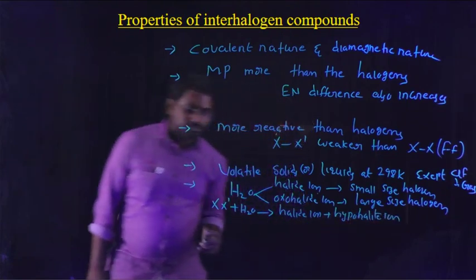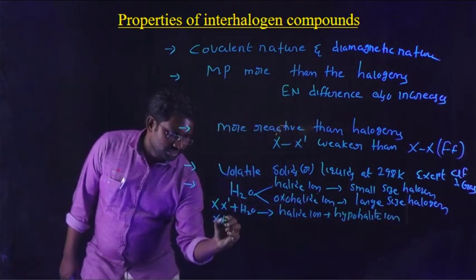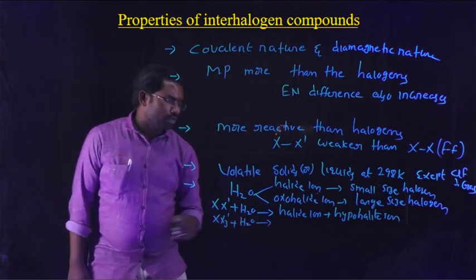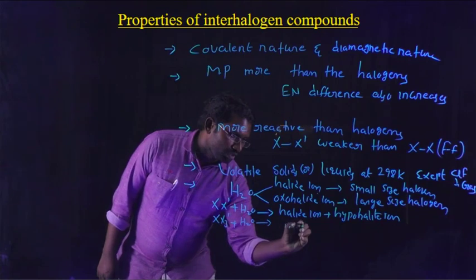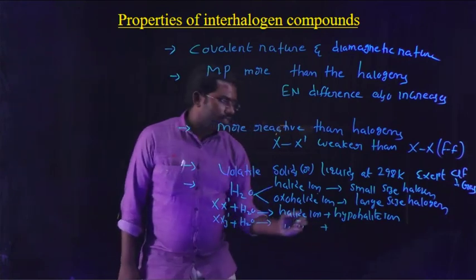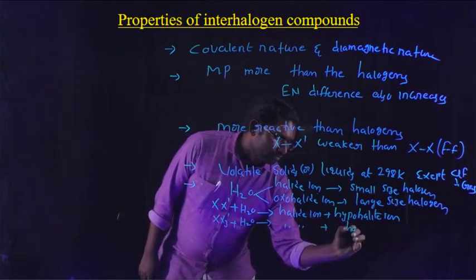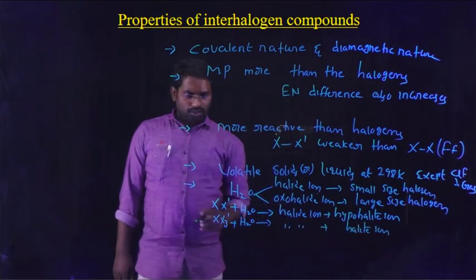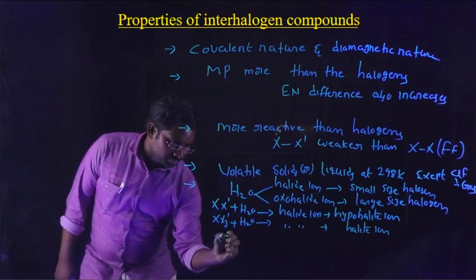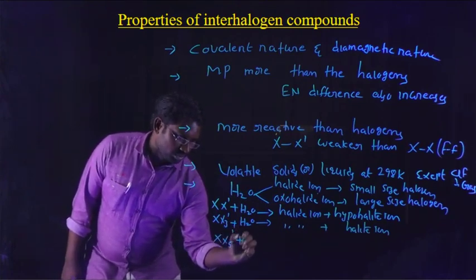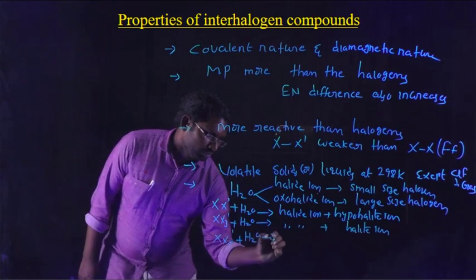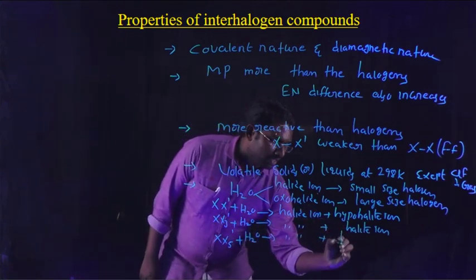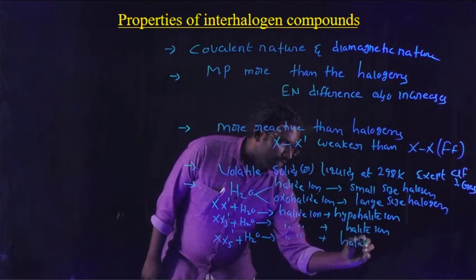In case of XX3, dissolved in water, it also forms halide ion and halite ion. In case of XX5 type, dissolved in water, it forms halide ion and halate ion.